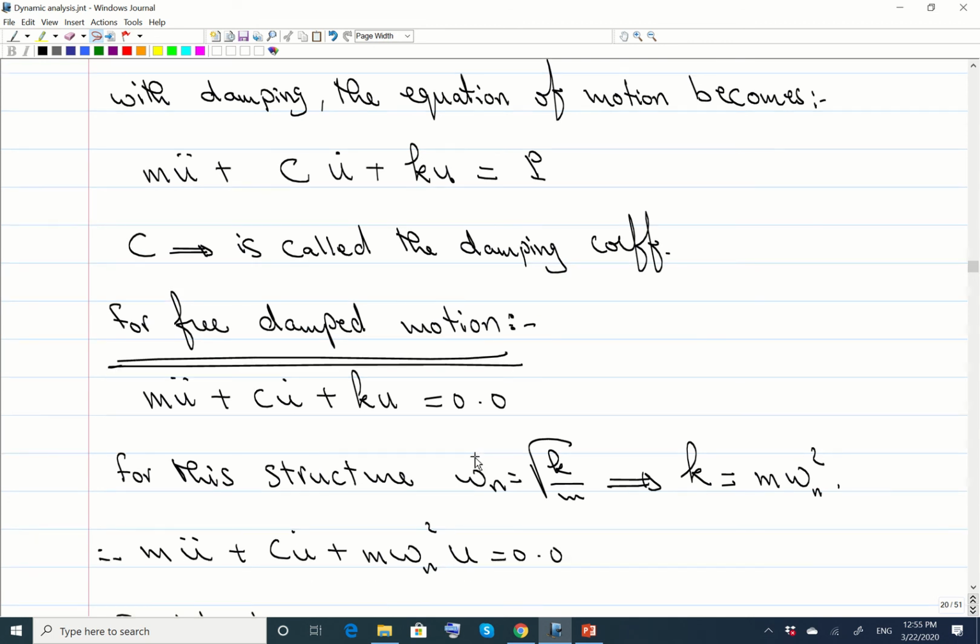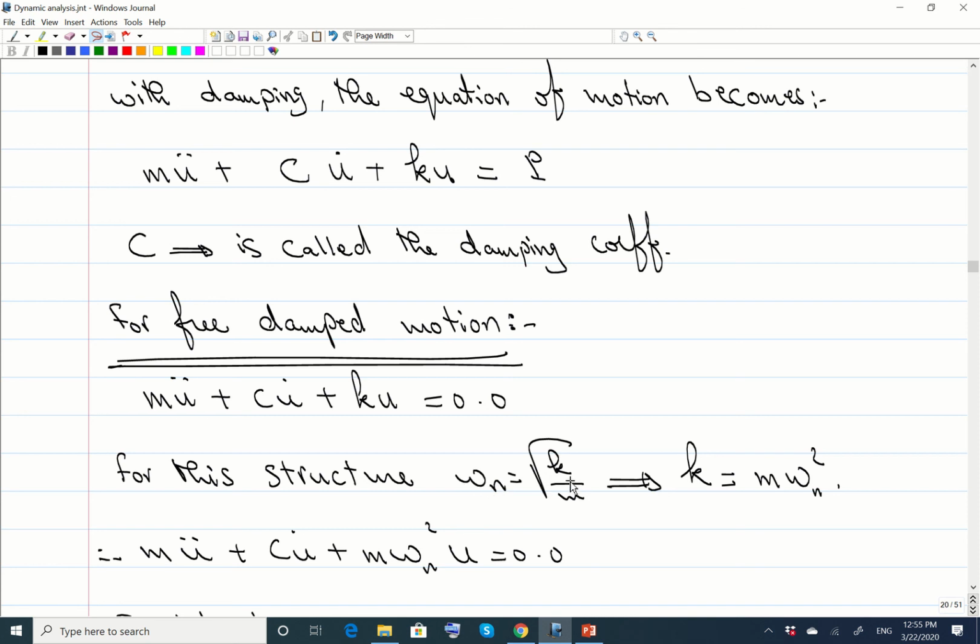Without damping, we found that this structure has an omega n equal to the square root of k over m. If it vibrates freely with no damping, the frequency of the vibration would be omega n, the square root of k over m.